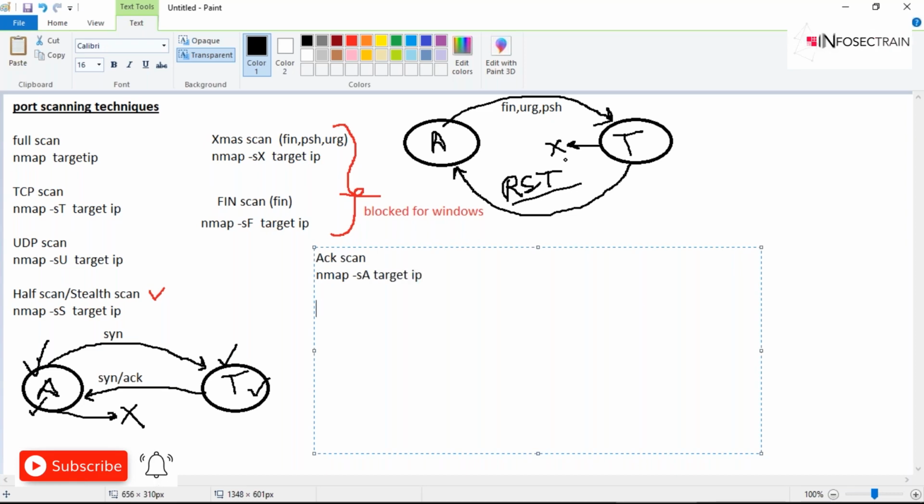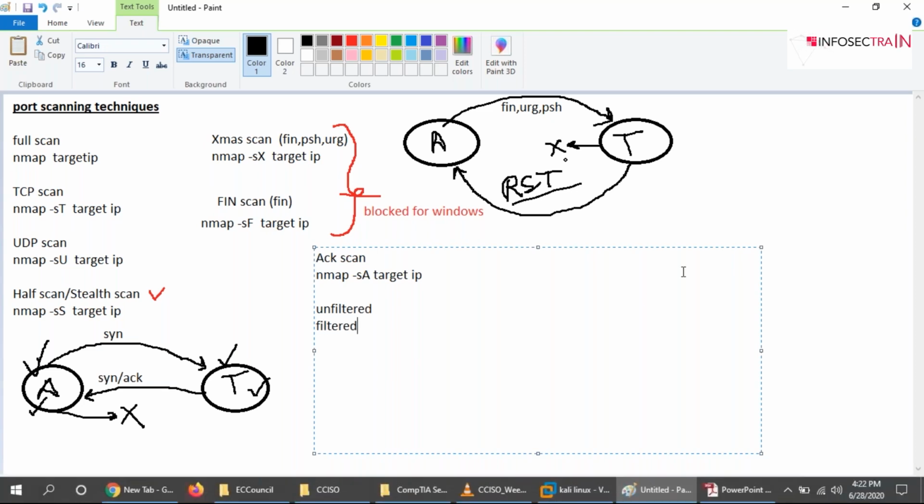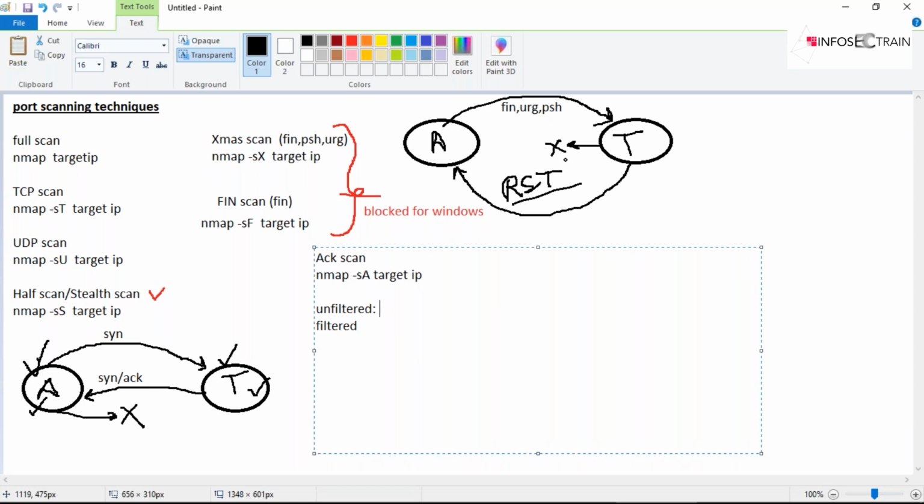The result you'll get is either unfiltered or filtered. If you get unfiltered, it means the firewall is off. If you get filtered, it means the firewall is on.